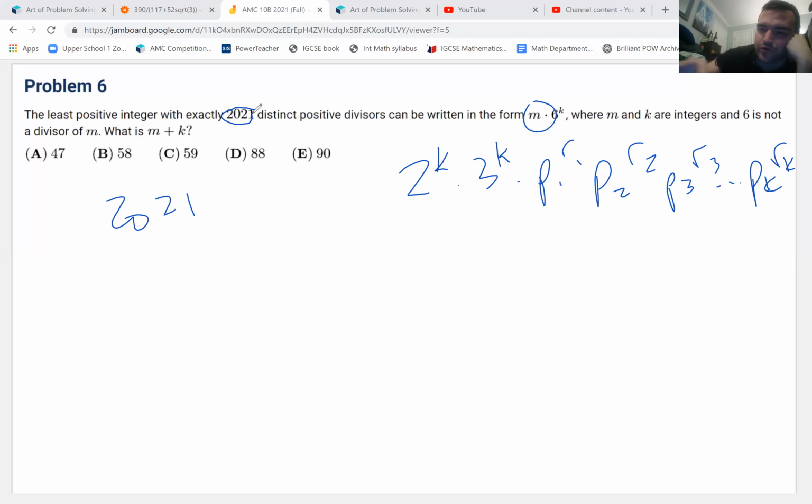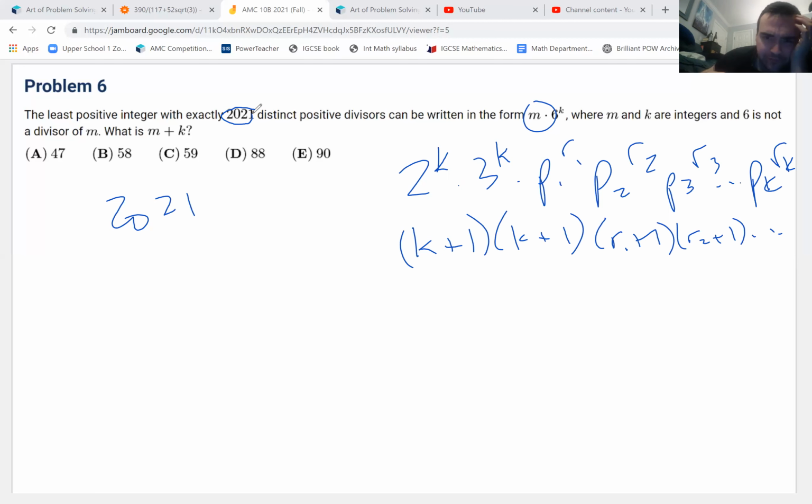We can say this is our number that we're trying to find. Well, we're going to have k plus 1 times k plus 1 times r1 plus 1 times r2 plus 1, and so on, has to equal 2021.